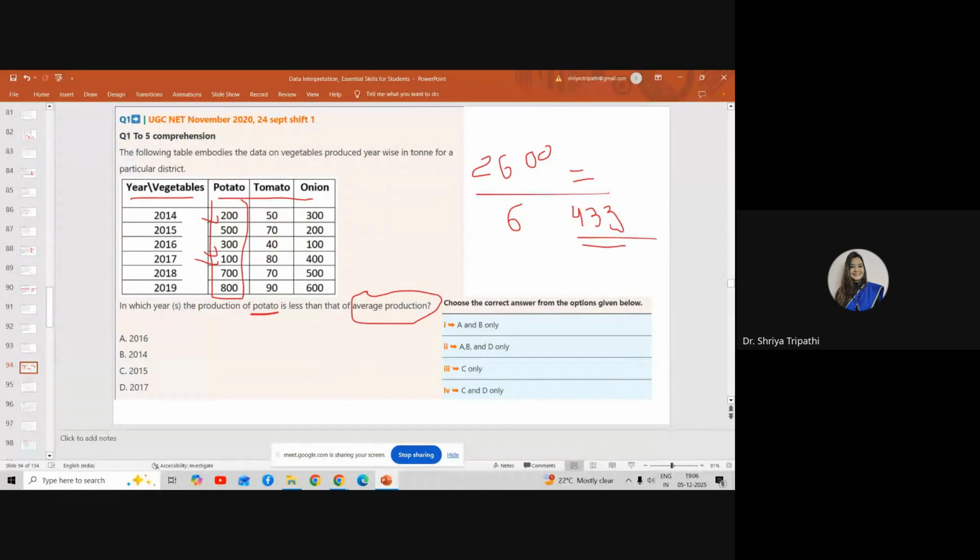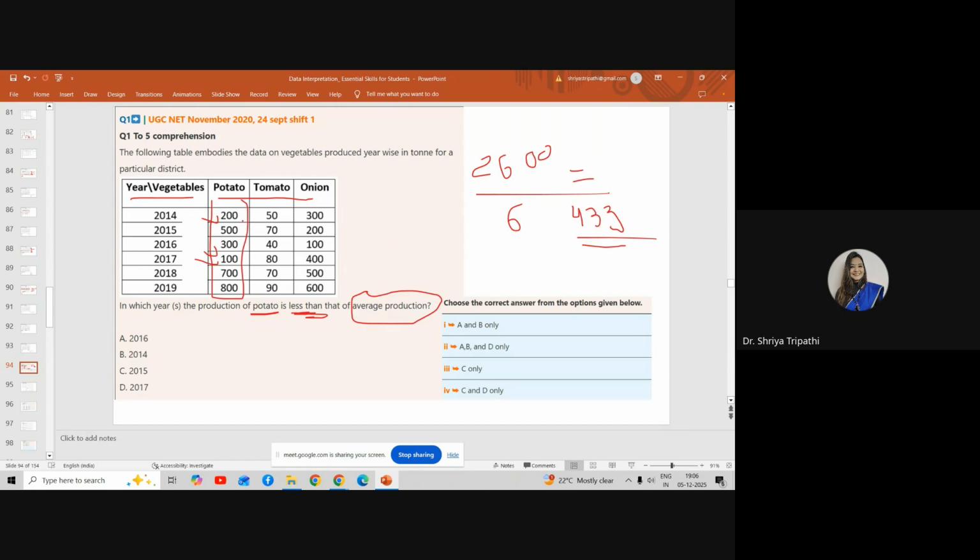Understood? Yes? So far? Yes. Now here they are saying in which years the production of potato is less than the average. Here we have to find, amongst this column, which years we have lesser than 433.